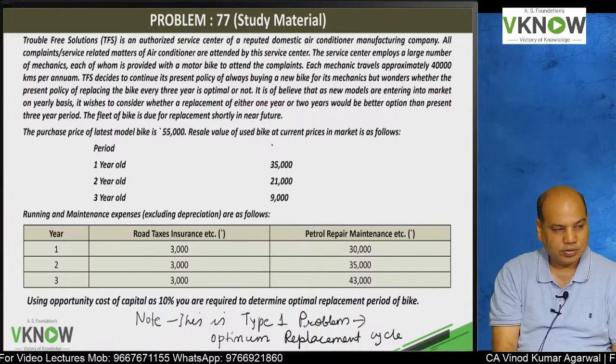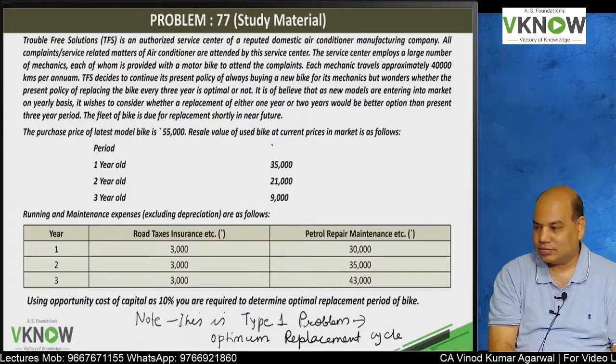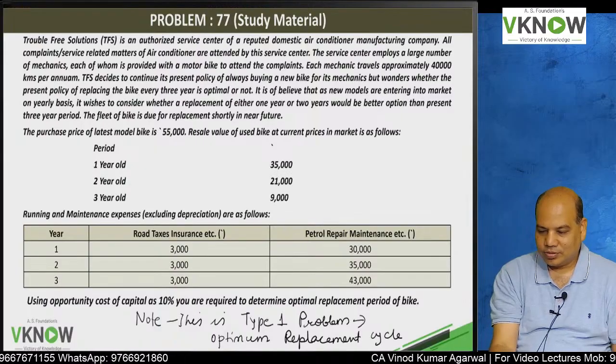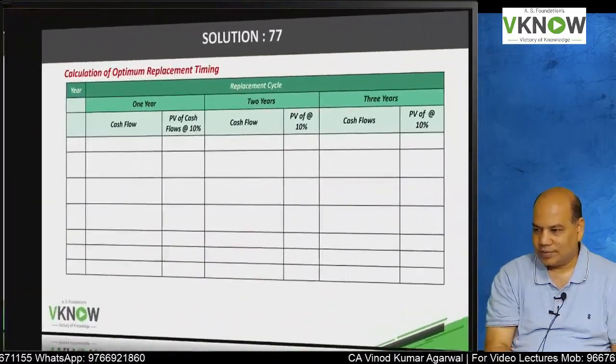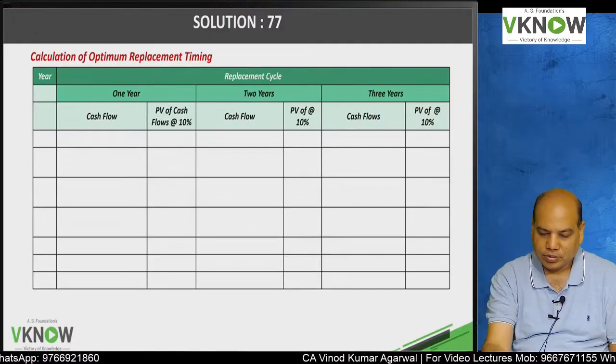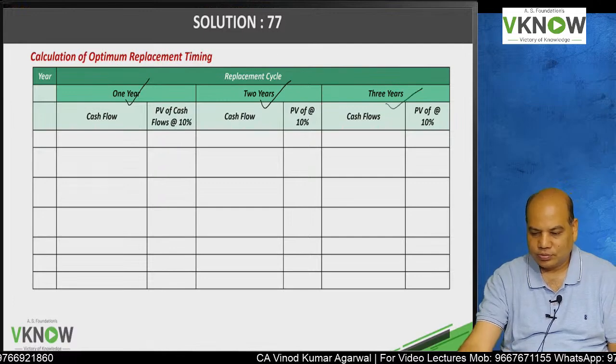So what do you want? Should I prepare 1 table only or 3 tables? I am going to prepare all 3 answers in one single table, and we can easily compare also.